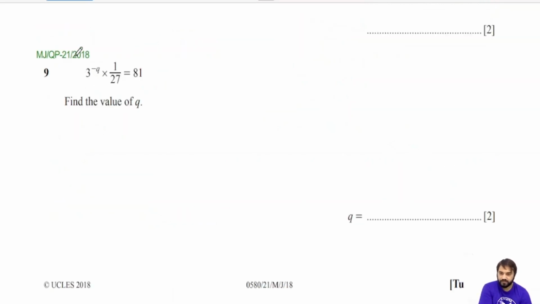The same paper, that is paper 2 and the variant was 1. Question 9 says 3 raised to power minus q into 1 over 27 is equal to 81, and find the value of q. So how can we solve this problem? Just write 3 raised to power minus q and convert 27 into 3 raised to power by prime factorization. 3 9 times, 3 3 times, and 3 1 time.